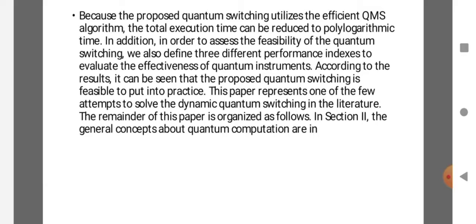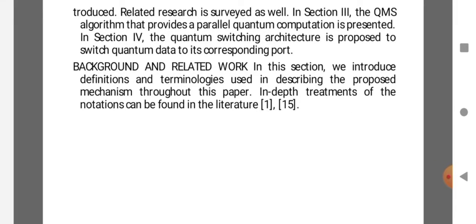The remainder of this paper is organized as follows. In section 2, the general concepts about quantum computing are introduced, and related research is surveyed as well. In section 3, the QMS algorithm that provides parallel quantum computing is presented.